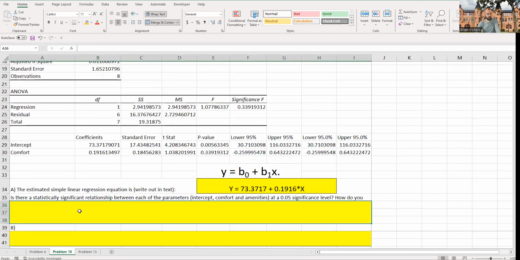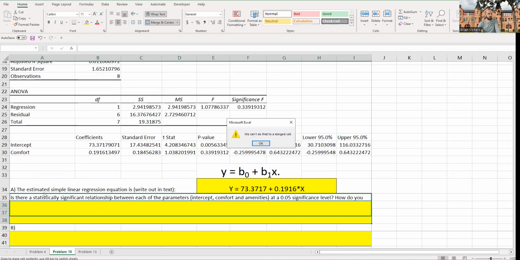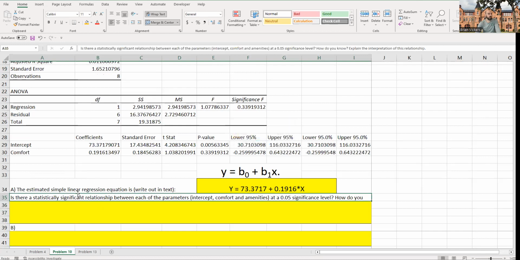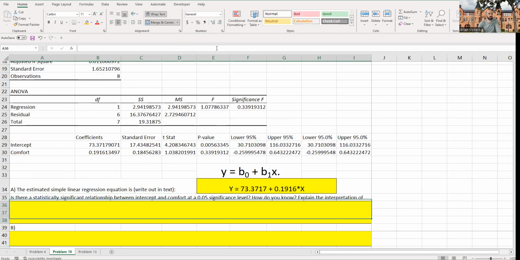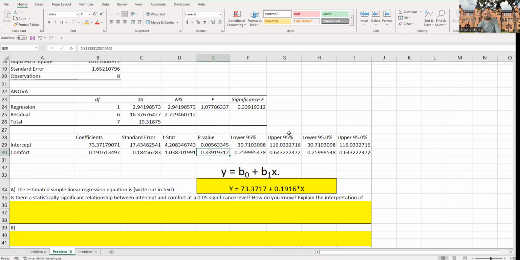Is there a statistically significant relationship between each of the parameters, or rather, in this case, not each of the parameters, between intercept and comfort, because we only tested comfort, at a 0.05 significance level? No, there's not. How do we know there's not?